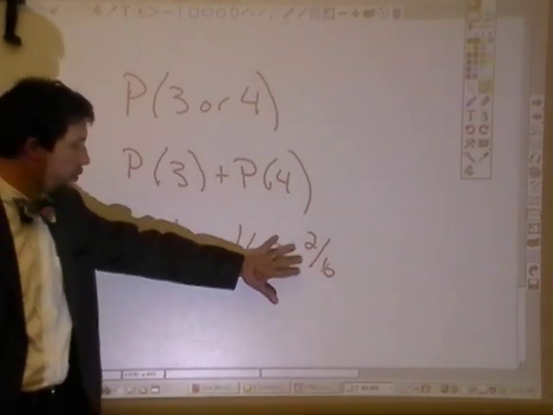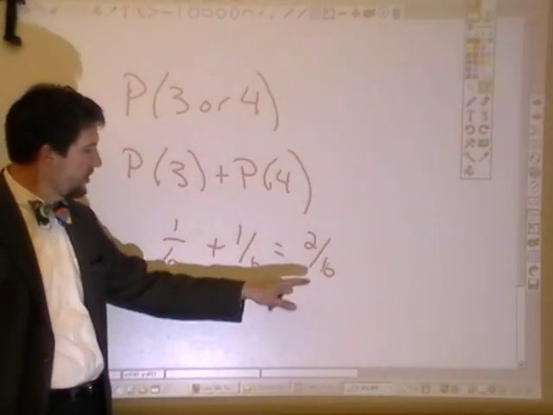We wouldn't take it down to 1/3, because it tells us that there are 2 successes out of 6 opportunities.